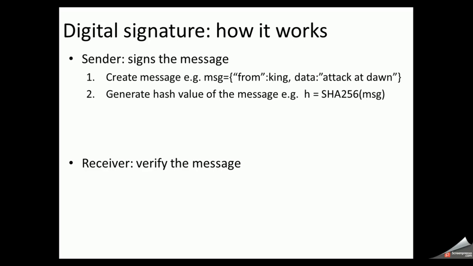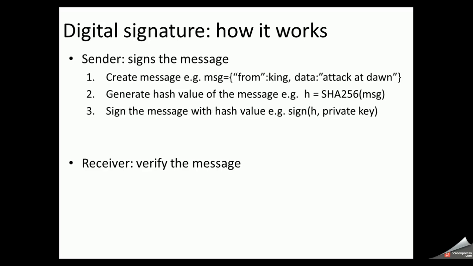For example, h equals SHA-256(message). You can use any hash algorithm if you want. Once the hash has been generated, the sender will sign the hash value with the private key. So sign, hash, and the private key.